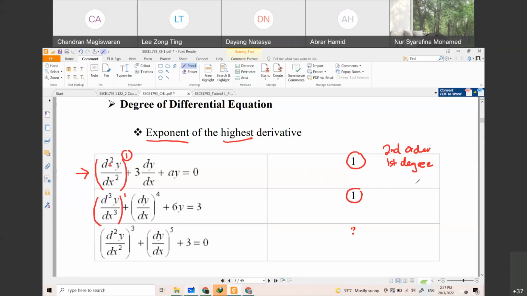As you can see from here, it is third order, first degree. Clear? Everyone's clear. What about the third one? What is the order for this example? Second order. Yes, this is second order. What about the degree? Third degree. Okay, good.